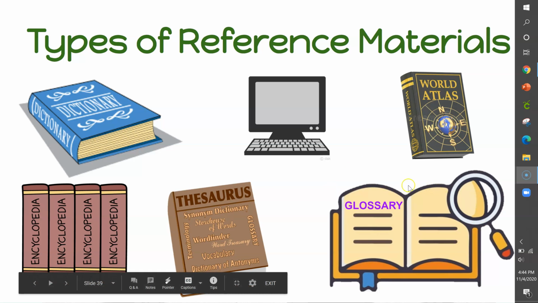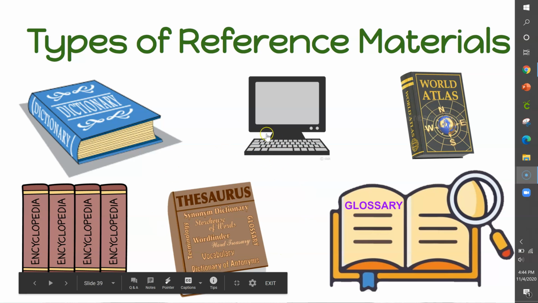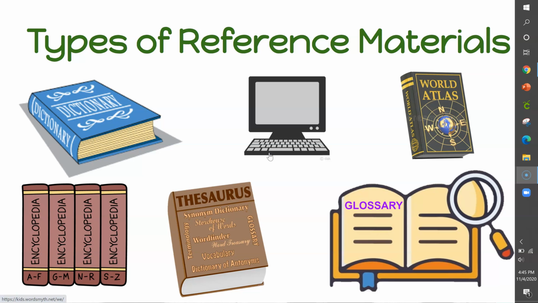A glossary, which is basically a small version of a dictionary at the end of an anthology or textbook. Thesaurus is another type of reference materials, which also lists words alphabetically and provides synonyms or similar meaning words. And finally, encyclopedias. These are usually sets of books with tons of information about a topic.